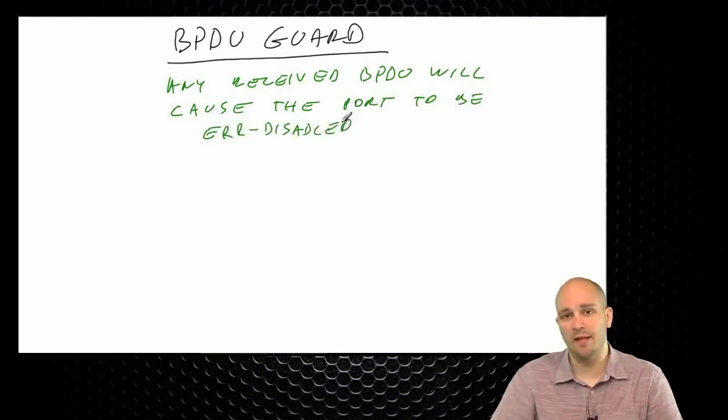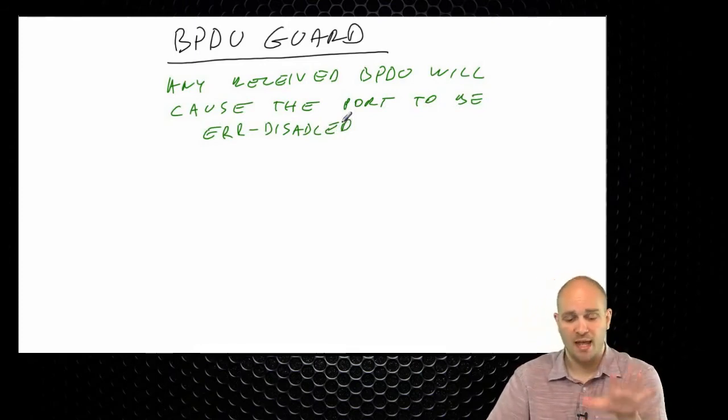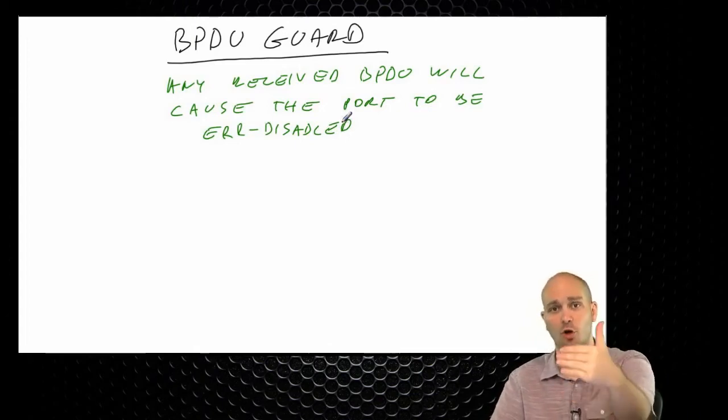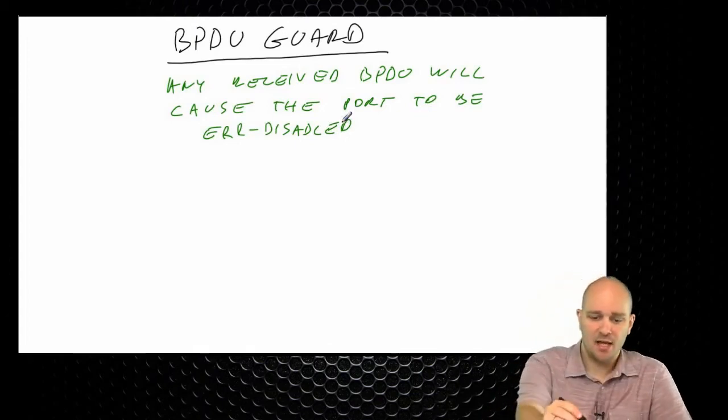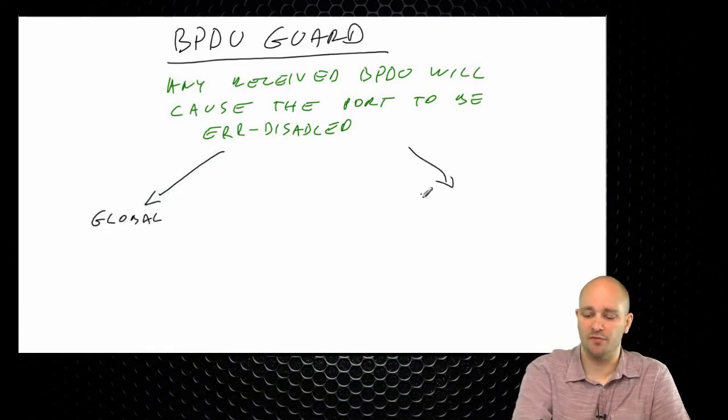So this is what BPDU guard does. When you enable BPDU guard on a certain port, basically any incoming BPDU will cause this port to go into the error disabled state. Just like with Portfast, there are two ways of actually configuring this feature. One is global, and the other one is per interface.